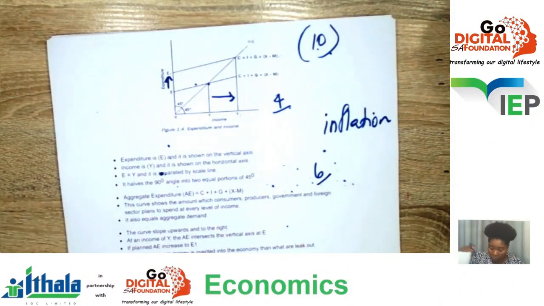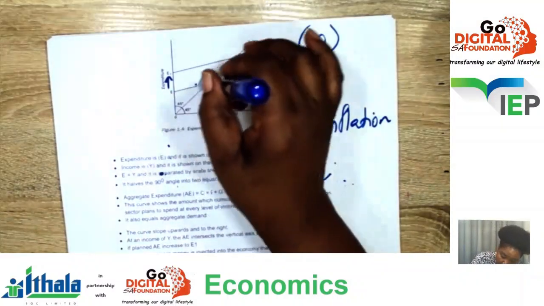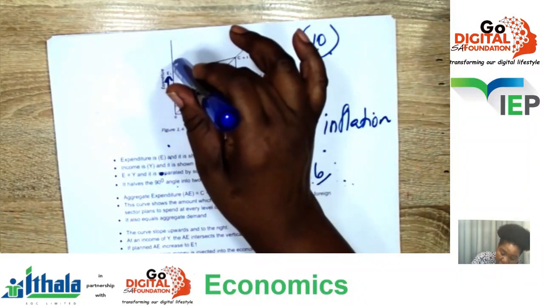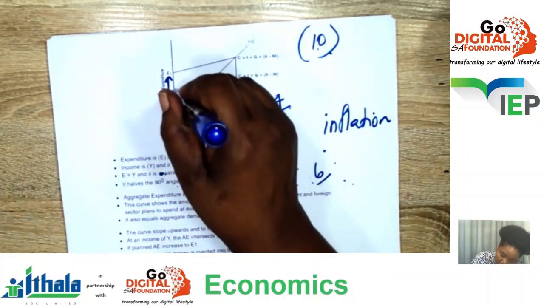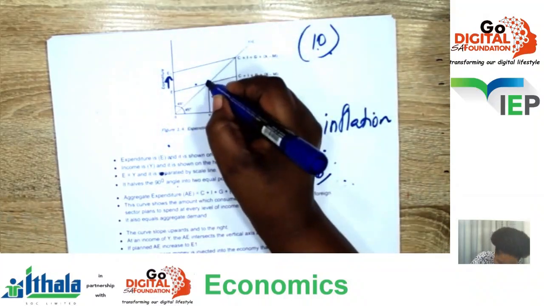It will help you to go and take an example in any question paper, because the only way you will know it is when you do your practice. This graph needs your practice. Remember, you've got a 45-degree line that gives you expenditure, which is equal to income. Then for each injection or investment, there is income. And there is your equilibrium here.